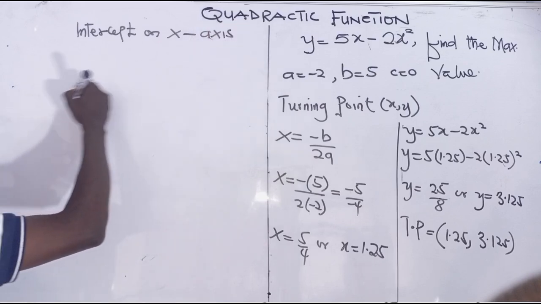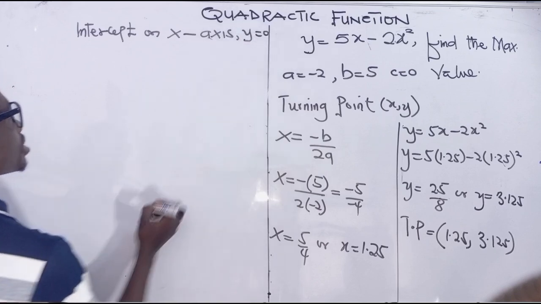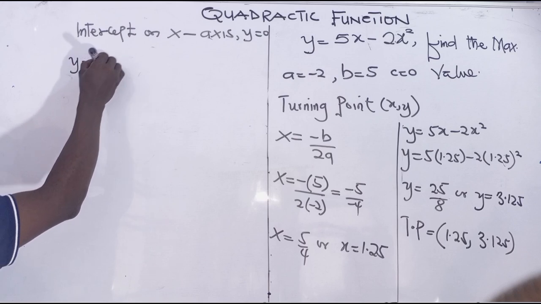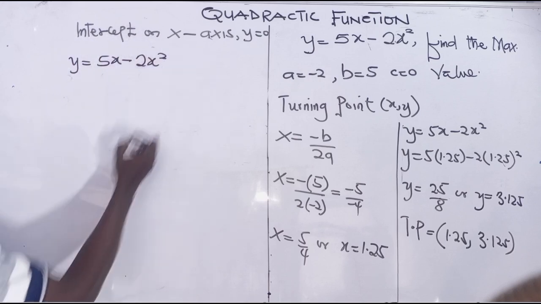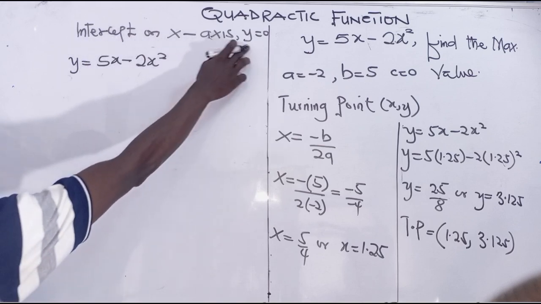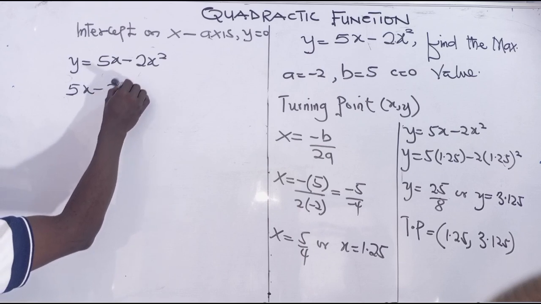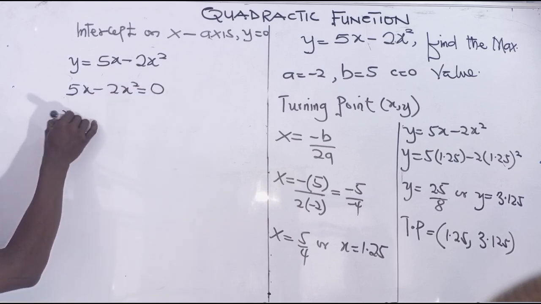Once we are done with the turning point, we move to the intercept on the x-axis. On the x-axis, our y is going to be what? 0. So we have y is equal to 5x minus 2x squared. We are saying that on the x-intercept, y is equal to 0. From here, we can factor x out.